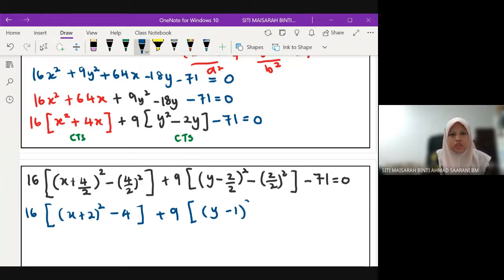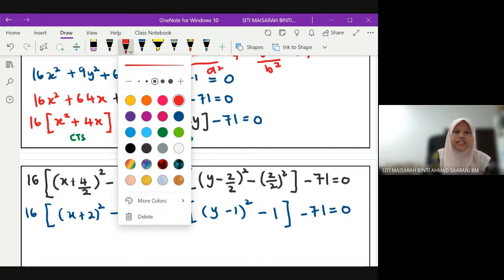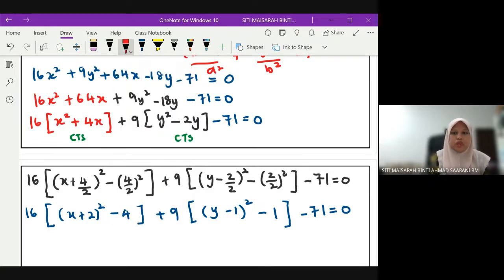Jadi y minus 1 square minus 1 square is 1. Minus 71 is equal to 0. Okay. And then after that, awak kena buka dia. Kita dah selesai CTS sebenarnya. We complete the square. Now we want to simplify until we get the equation of ellipse.